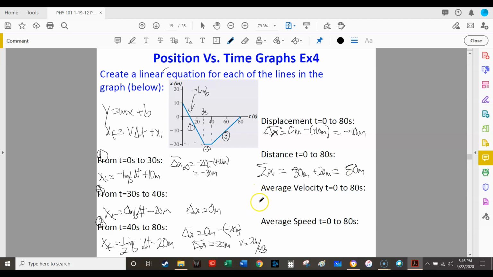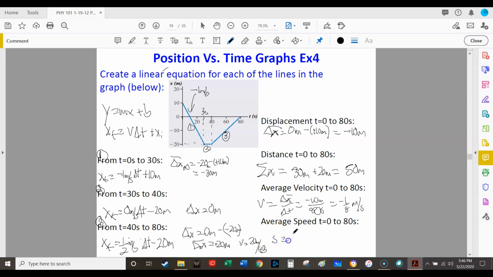Okay, so average velocity now is going to be your displacement over time, which in our case is negative 10 meters over the period of 80 seconds, which is going to be negative 1/8, an eighth of a meter to the left over the period of 1 second.